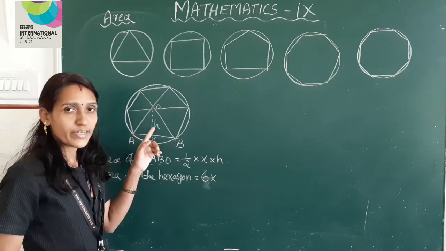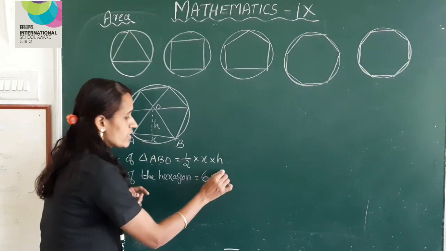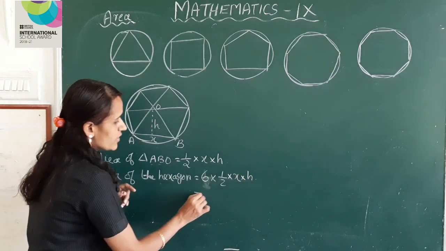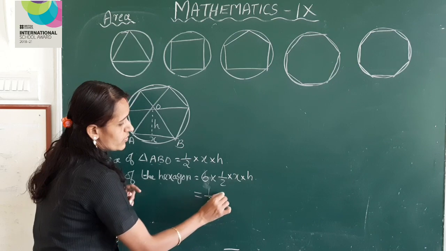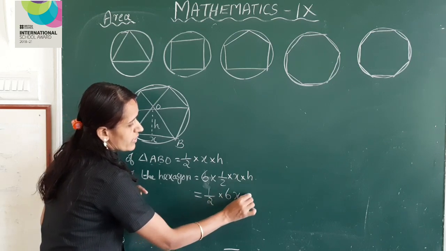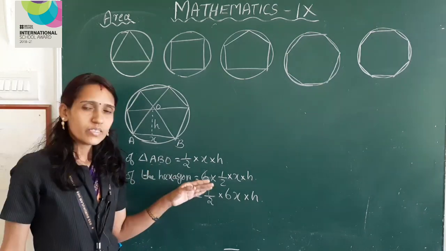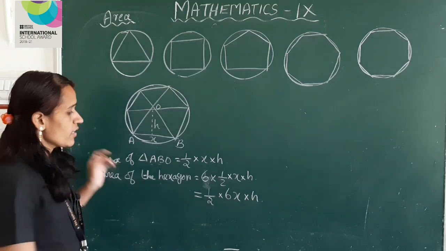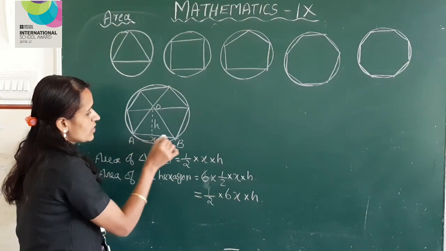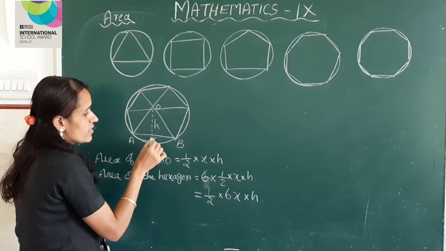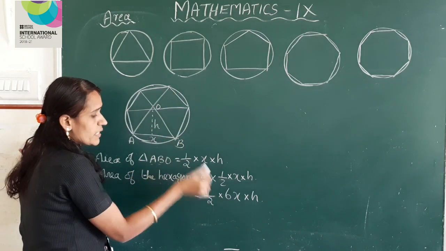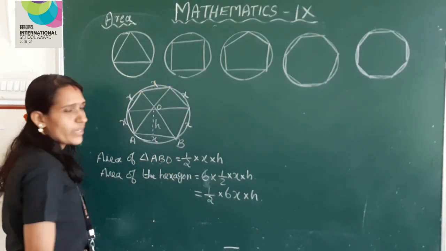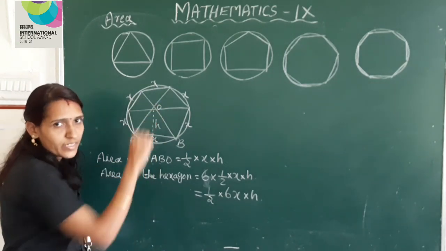So 6 into the area of one triangle, that is half into x into h. This is equal to half into 6x into h. Here one side of the hexagon is x, so 6 into x is its perimeter.